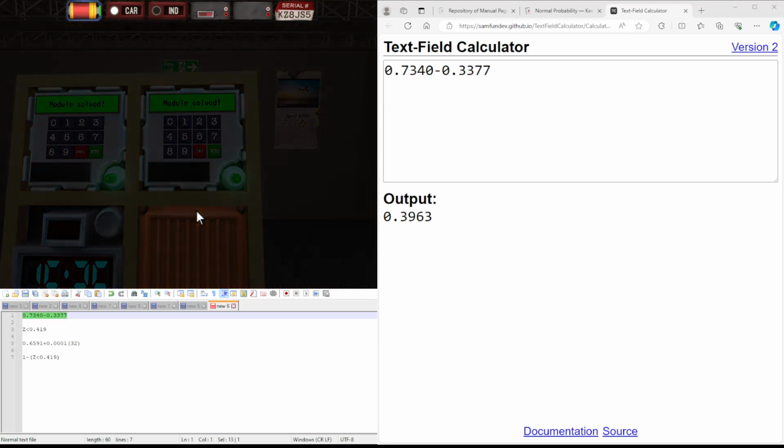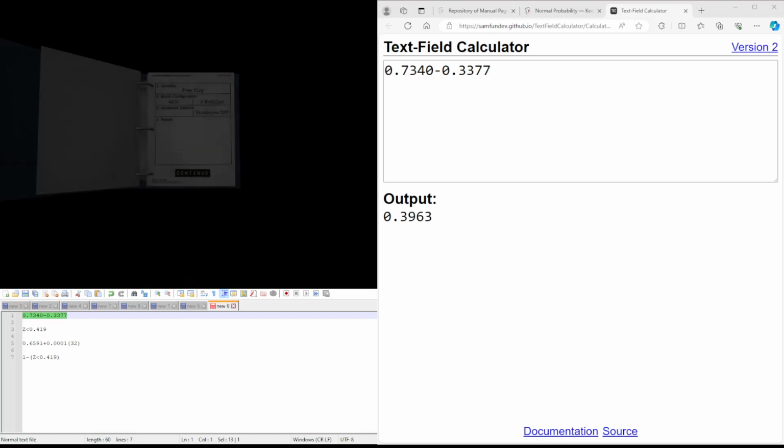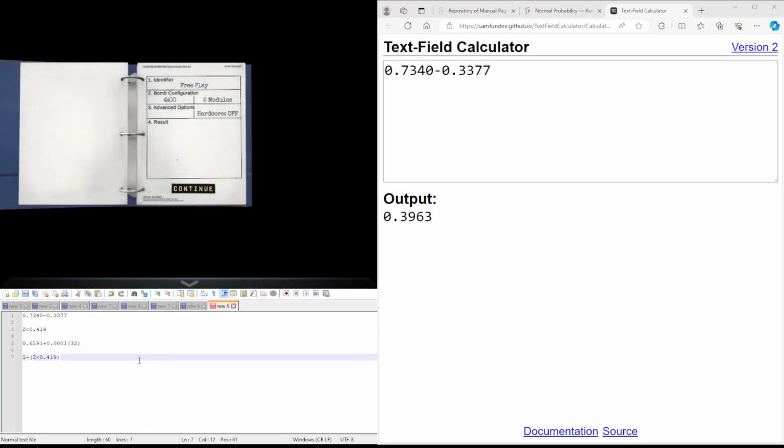Sorry if that was a bit higgledy-piggledy at the end there. Let me just re-explain that last one again. So, the first part was normal, but what we started with was this.